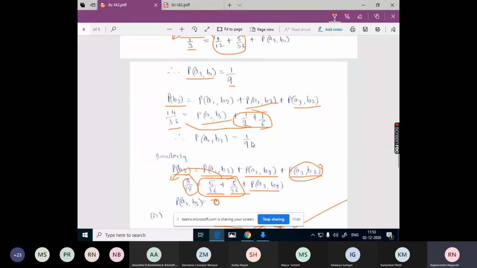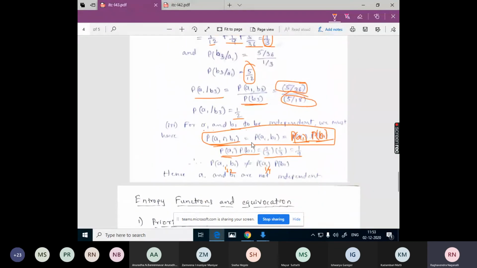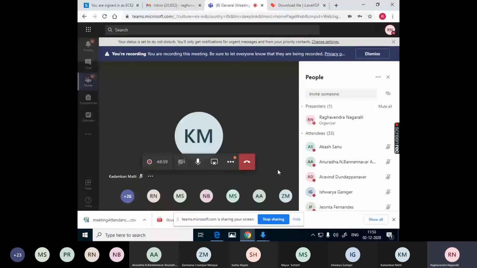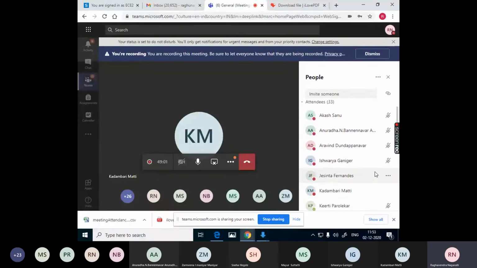So any doubts here in this first problem? Any doubts? Is this PDF visible to everyone? Yes, sir.